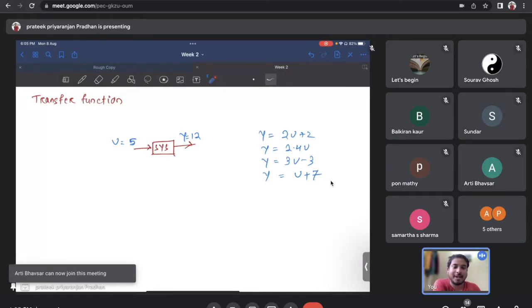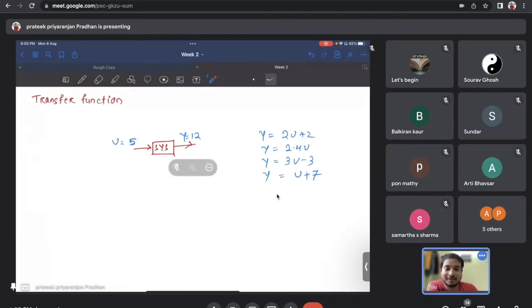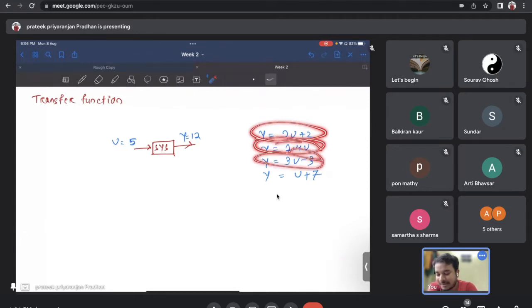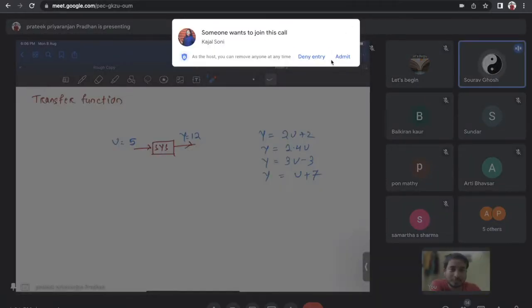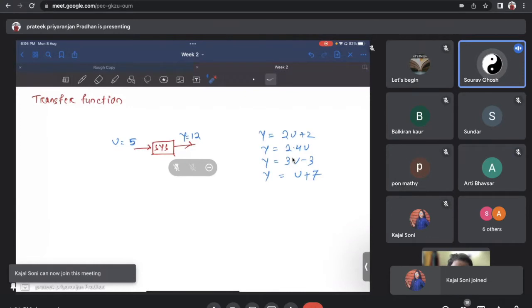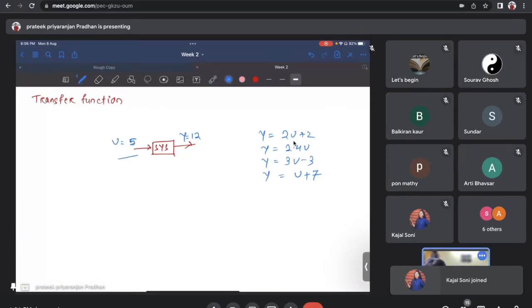So how do we figure out what the system can be? Would anyone like to join the discussion on how to determine which of the equations is the system equation? Very good, thank you, Saurabh. I'll give another input, u equal to 10, and then I get an output y.